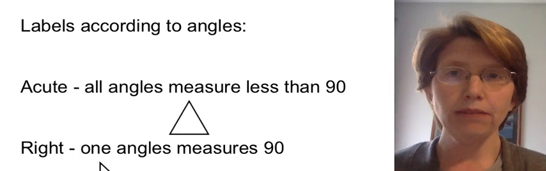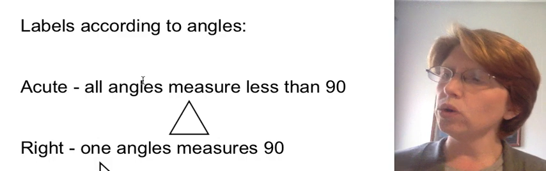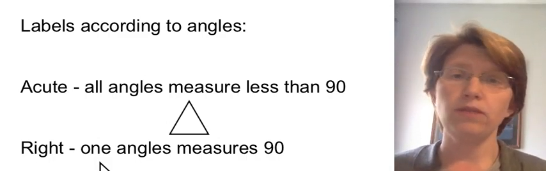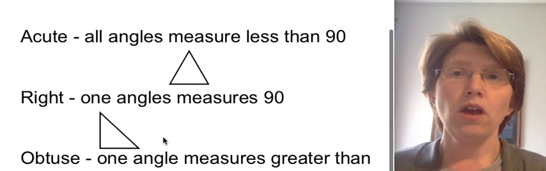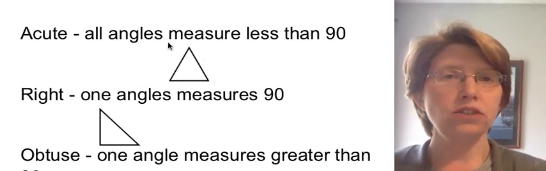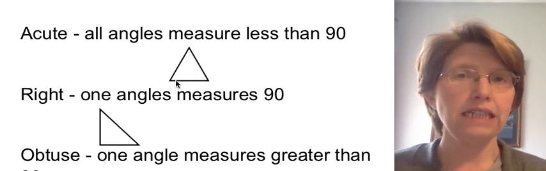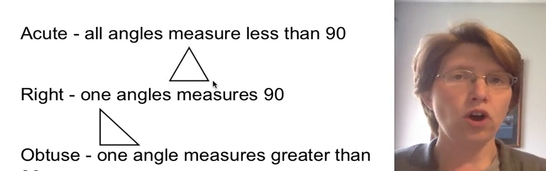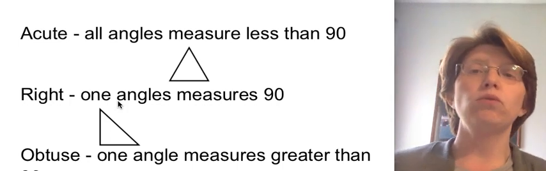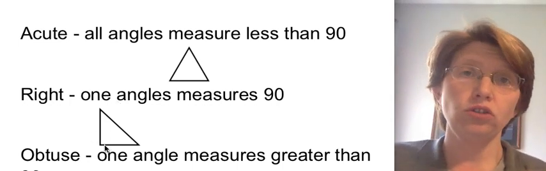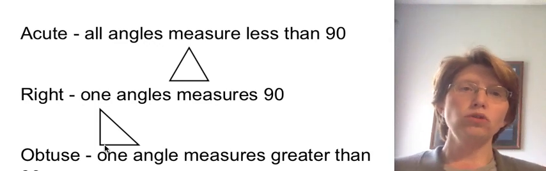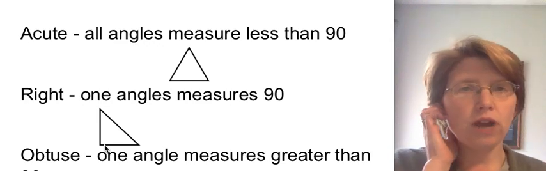The first way is according to the angles, and these words should be very familiar to you already. The first one is acute. All of the angles in this triangle measure less than 90 degrees each, so they're all acute angles. The next one is a right triangle. If just one angle measures 90 degrees, the whole triangle is classified as a right triangle.